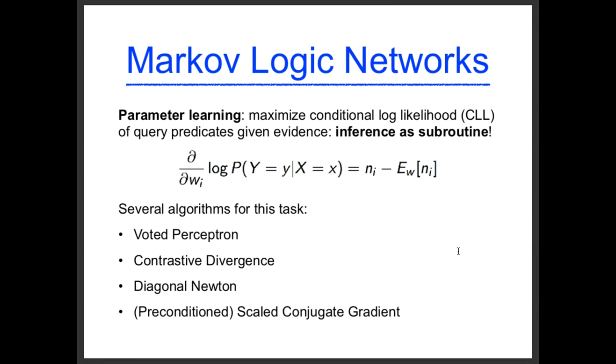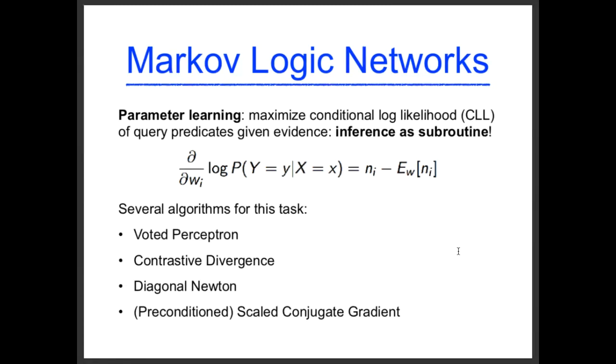You compute the derivative with respect to the weight, again in the discriminative setting of the conditional probability, and the gradient ends up being the difference between the number of true groundings of the rule which you observe in your training data, and the expected number of true groundings according to the current weights, which means you have to run the inference.